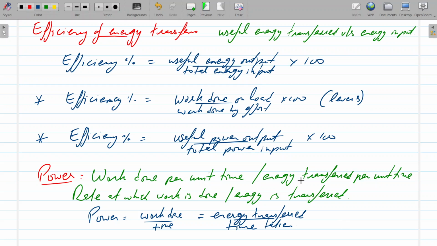So P for power equals either work W over T or energy transferred over T.